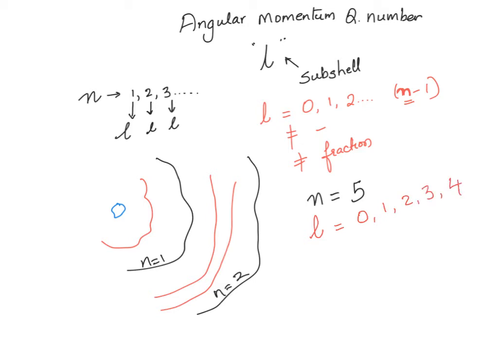Remember, it cannot go beyond that. Why? Because it has to stop at n minus 1. In this case, n is 5. So 5 minus 1 is 4. So the fifth main shell will have 1, 2, 3, 4, 5 subshells.